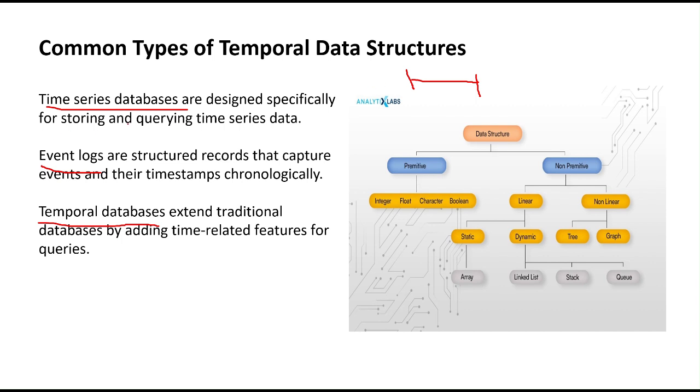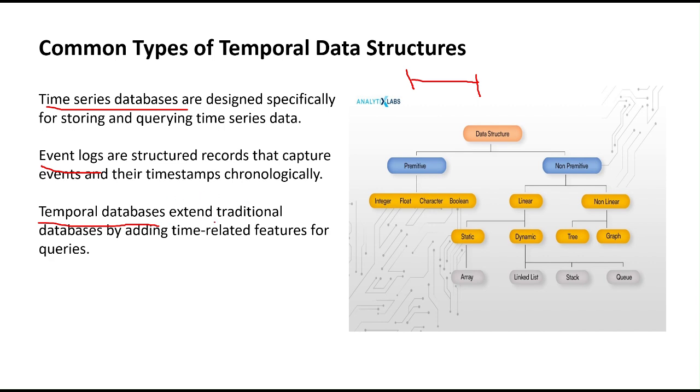It is called a time series database. Event logs are structured records that capture events and their timestamps chronologically. For example, in a medical healthcare center, event logs are helpful for storing data chronologically.